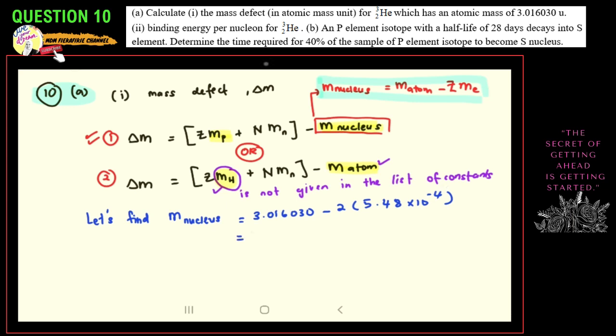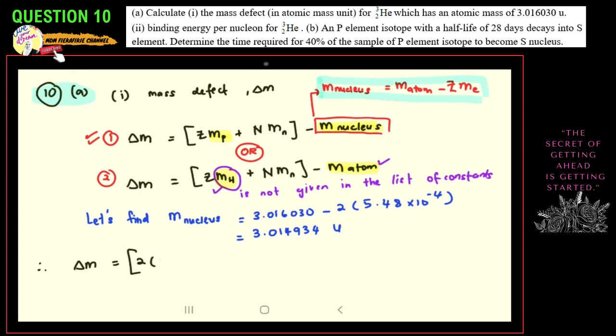So the mass of nucleus is equal to 3.014934 U.